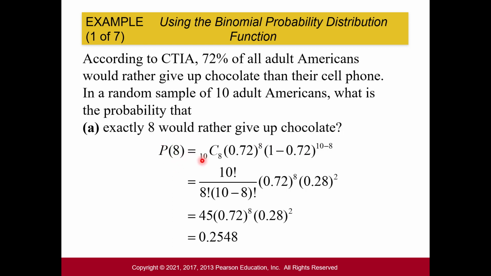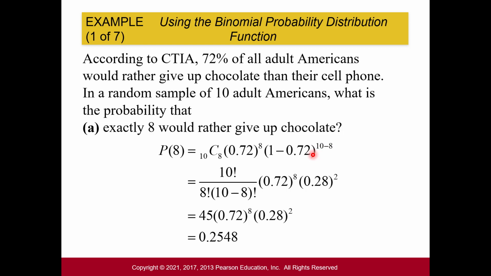We had 10 in our sample, so n is 10, choose 8. The probability of success is 0.72 raised to the x power, in this case 8. Then we multiply that by the complement of our probability, so 1 minus 0.72, raised to n minus x, or in this case 10 minus 8.